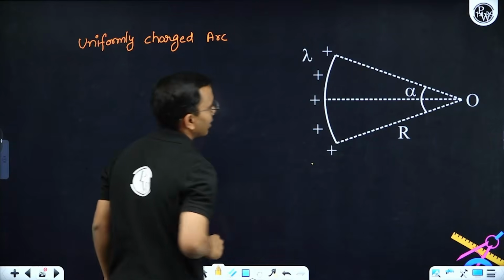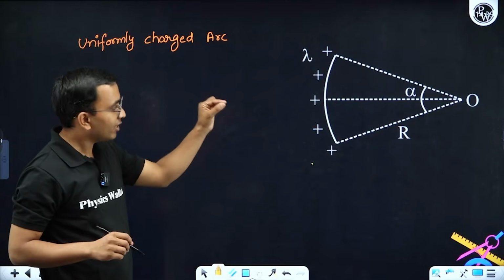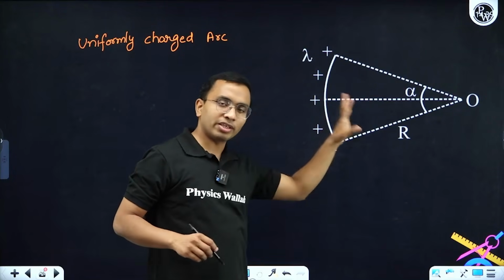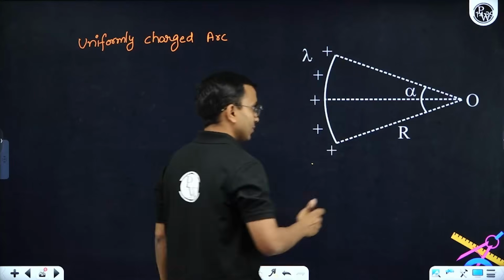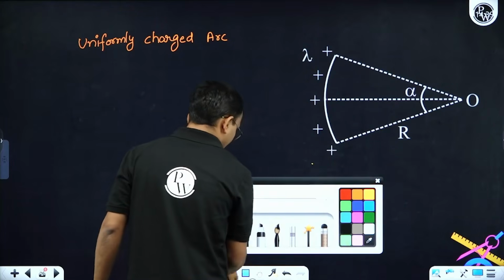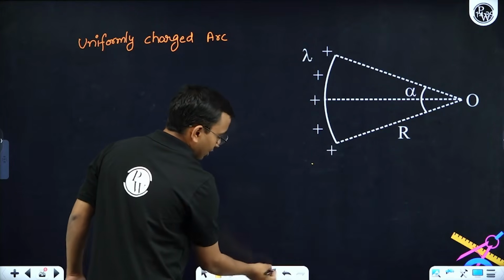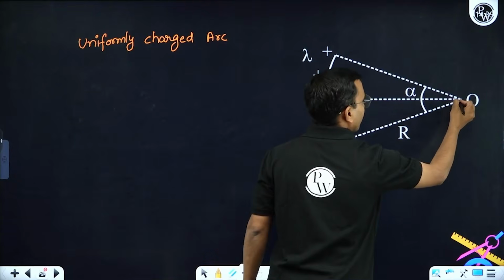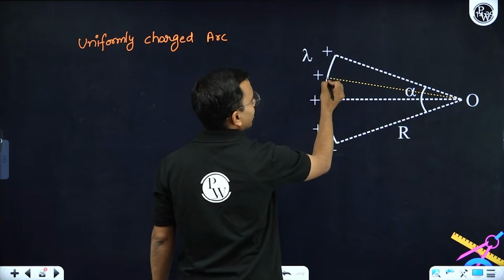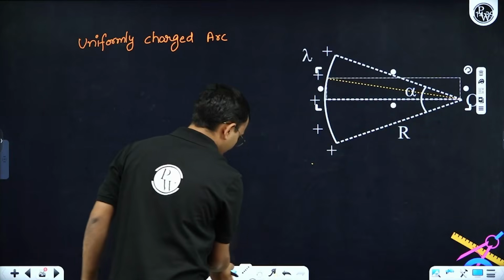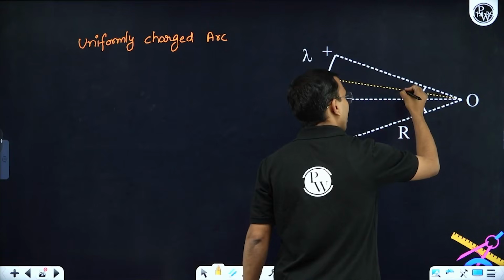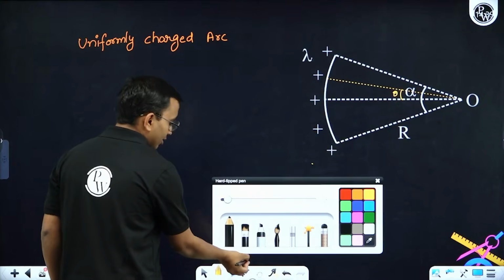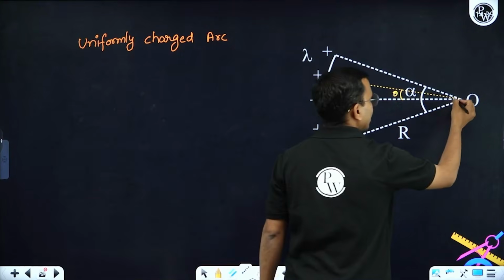Again doing the same thing. We'll take a small section there. Due to that small section, we'll see what is the electric field at O. Integrate to find the total electric field. So from O at some angle theta, I am taking a small arc making an angle d theta.